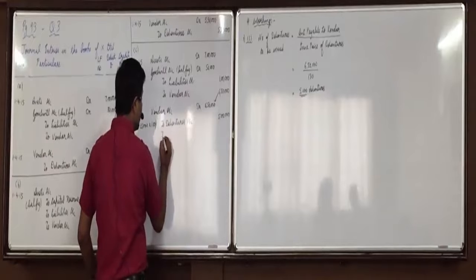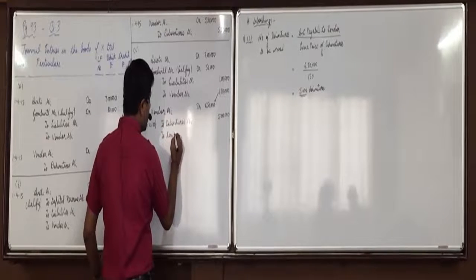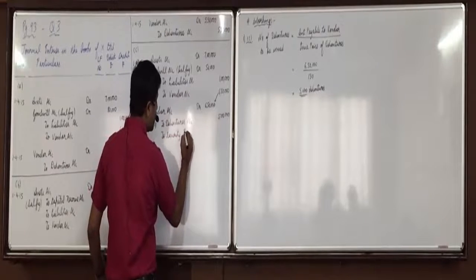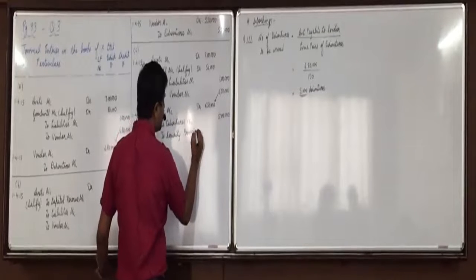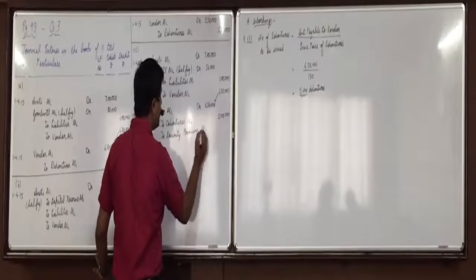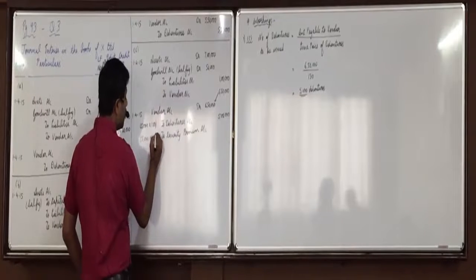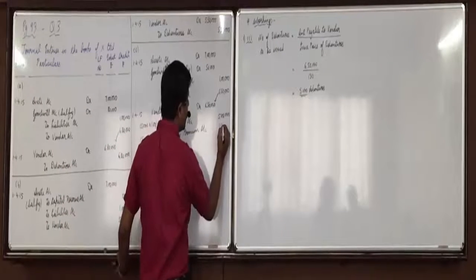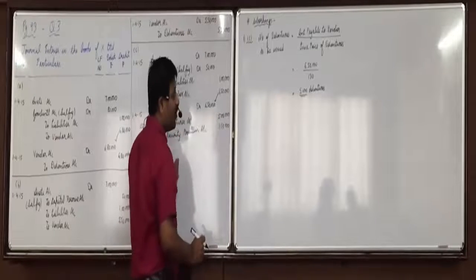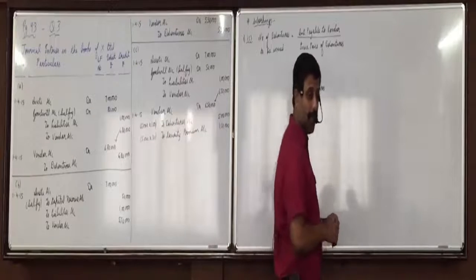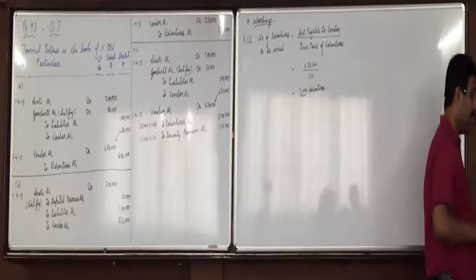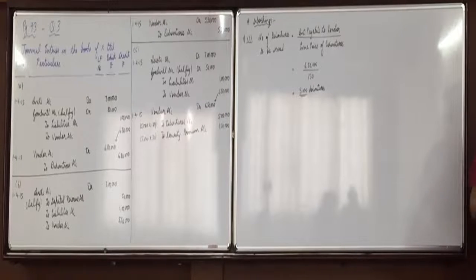And to securities premium account, or debenture premium account, 1 lakh 50,000. 5,000 into how much is premium? 30. So 1,50,000. So before you pass this entry, first we need to find the number of debentures. Did you understand this? Yes, sir.